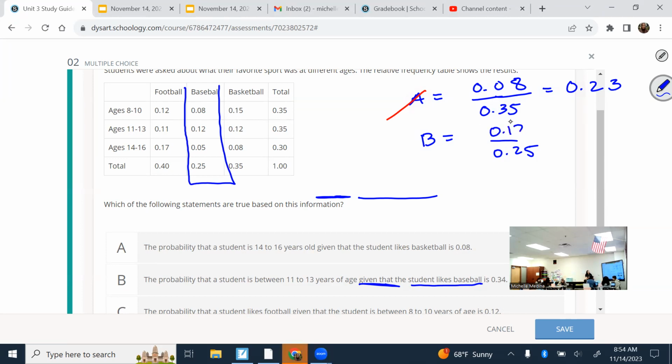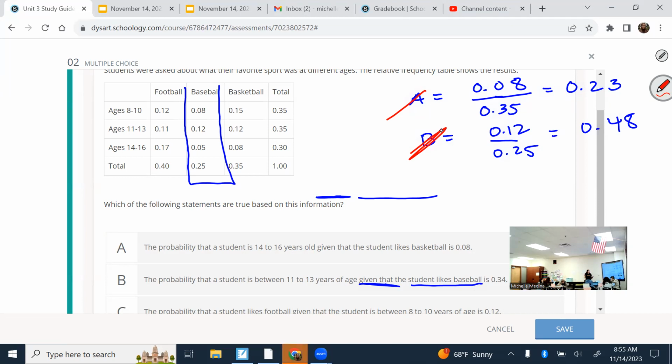Okay, good. We're going to divide that out, see if it's 0.34. And I get 0.48. So we're not going to pick this B because it's telling me that it should be 0.34 and it's actually 0.48. Does that make sense? So all of these you just have to read really carefully.